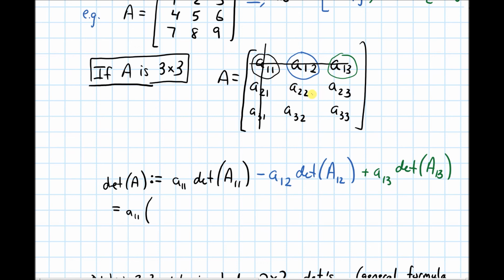I multiply these two elements, a2,2 times a3,3, and then I subtract the product of the other two elements in the opposite diagonal, a2,3 times a3,2. Okay, so now I have to do the same thing for the next term.